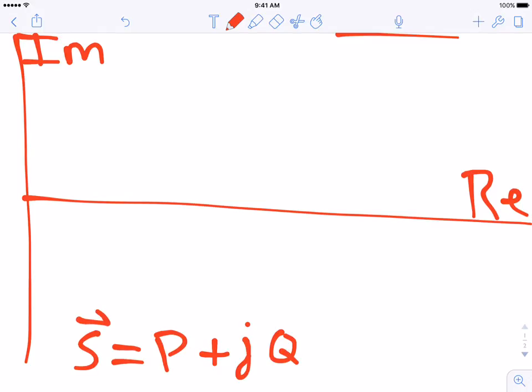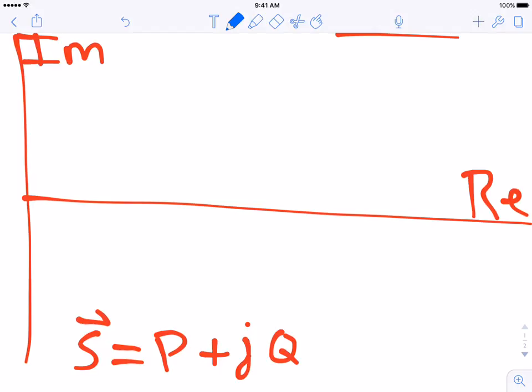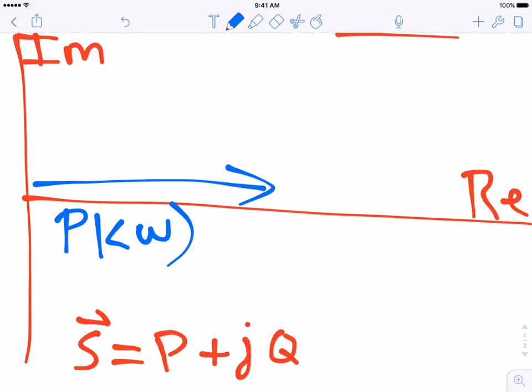This is very useful, because when you want to know something about a load, this power triangle is going to be really useful. So the real component of this is P. That's the real power. So here we have P, and this is in kW.